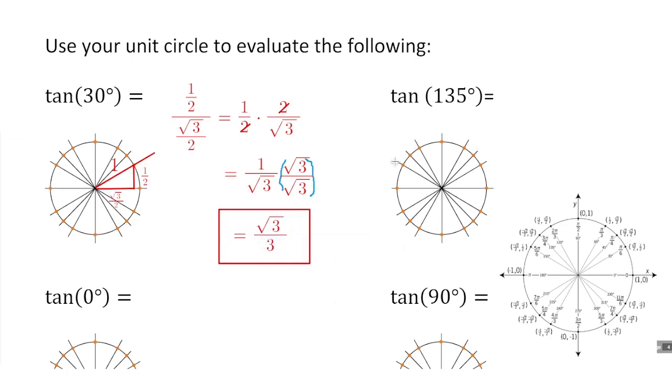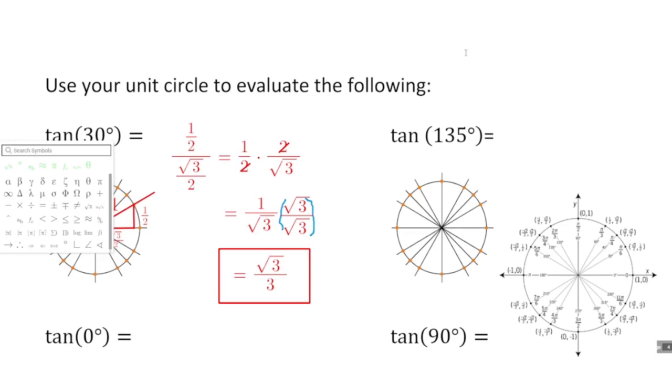Now I said I would give you a little shortcut for the rest of these. Notice how this was the y coordinate divided by the x coordinate. That is how we're going to essentially evaluate tangent. So tangent of theta is the y coordinate divided by the x.